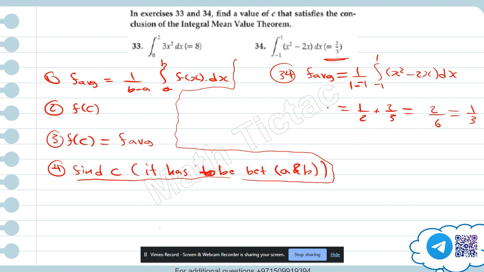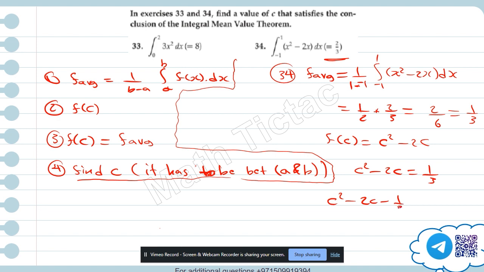Now we need to find f of c. For f of c, you have to substitute c only. So this is c squared minus 2c. Now make f of c equal to f average. So c squared minus 2c is equal to 1 over 3. Now, all I have to do is just find the value of c. So c squared minus 2c minus 1 over 3 equals 0.